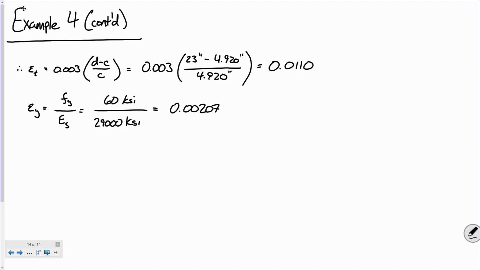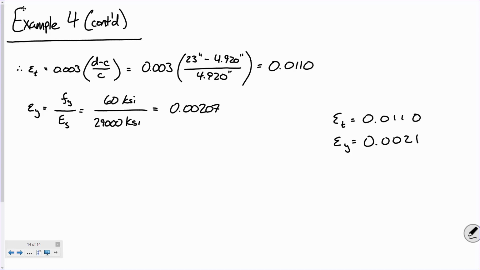Yeah, it was. We're comparing a strain of 0.0110 to a yield strain of 0.0021. So did it yield? Oh yeah, it yielded. It really yielded.